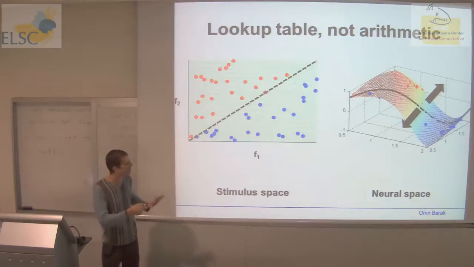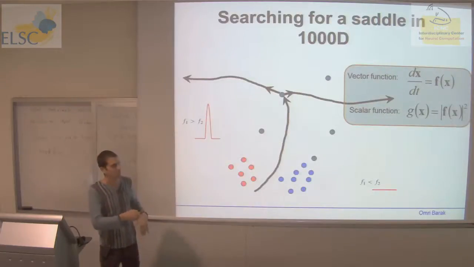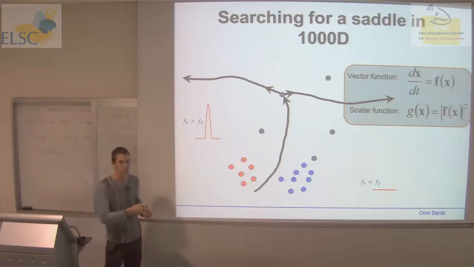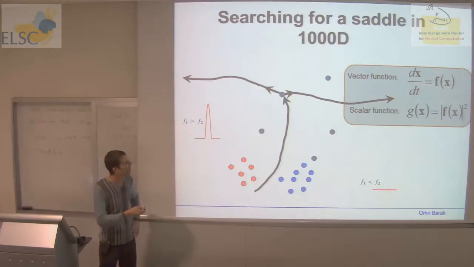And I will just very briefly say that in this example, I was able to also locate this specific saddle point in a 1,000-dimensional space by performing a gradient descent on a scalar, the norm of the dynamics. And since the dynamics is not symmetric, this is not an energy function.